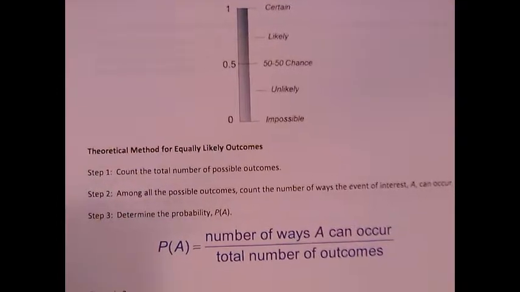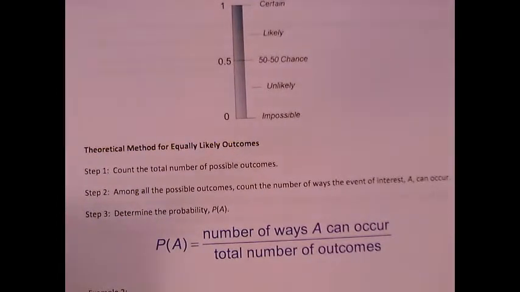Alright, let's talk about the theoretical method for equally likely outcomes. There are 3 steps here. Step 1: count the total number of possible outcomes. Step 2: among all the possible outcomes, count the number of ways the event of interest, which we're going to call A, can occur.